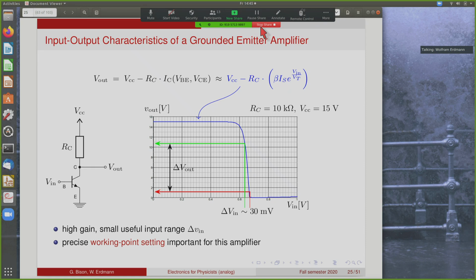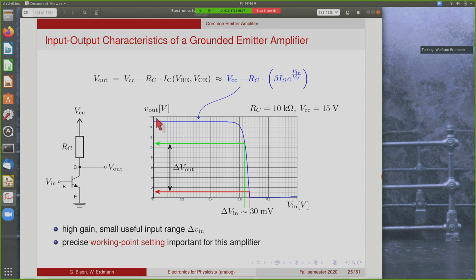We continue with the grounded emitter amplifier. The plot here shows the input-output characteristics of the grounded emitter amplifier, which is for input voltages that are less than a diode drop. Here, basically the output is at 15 volts.